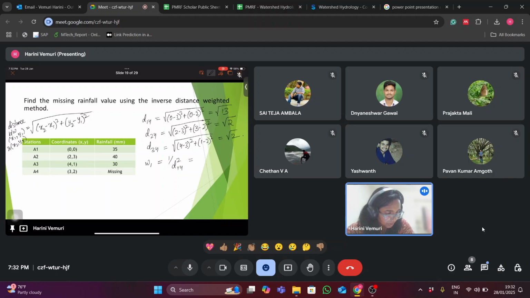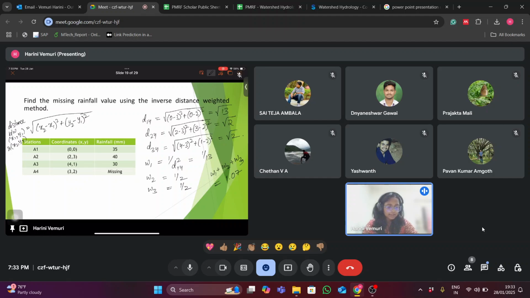So for the first one it is 1 by 13. For the second it is 1 by 2. For the third station it is 1 by 2. Now if you see, for each station, if I add the weights W1 plus W2 plus W3, it's clearly more than 1, right? The exact value is 1.07.